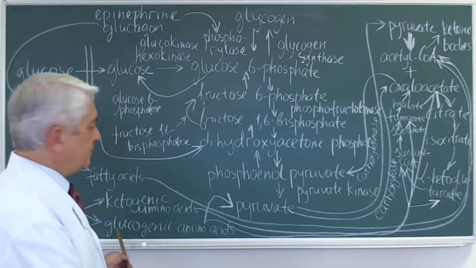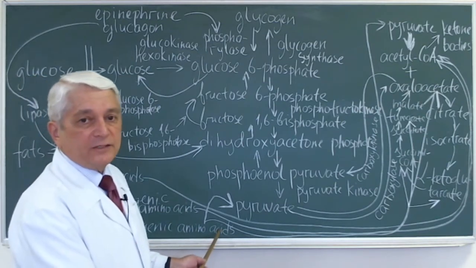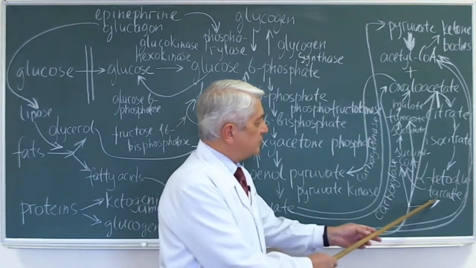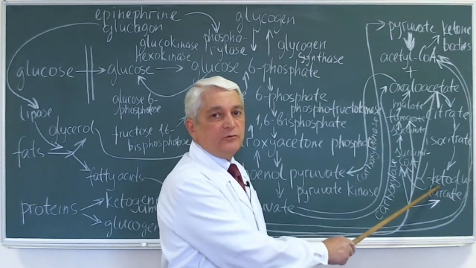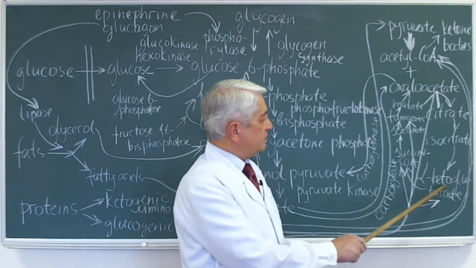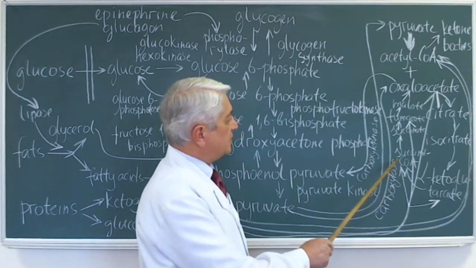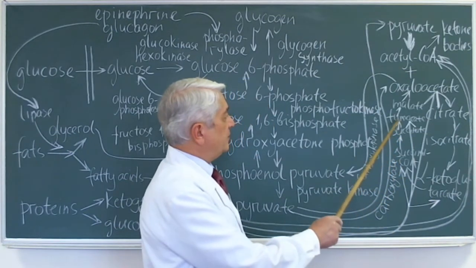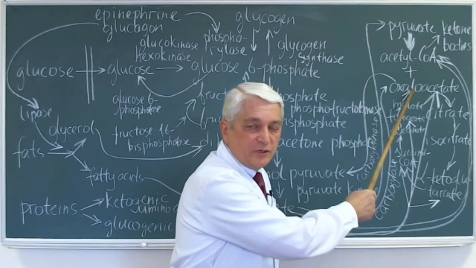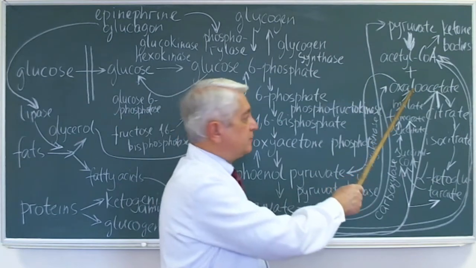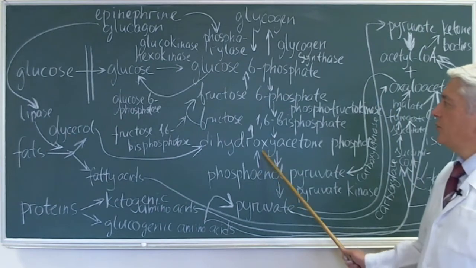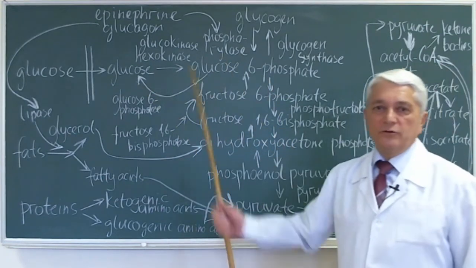After transamination, we are receiving alpha ketoglutarate. Then we need to go to citric acid cycle. So alpha ketoglutarate will produce succinyl coenzyme A, then succinate, then fumarate, then malate, and finally we are receiving once more oxaloacetate. After this we know the way. Oxaloacetate, phosphoenolpyruvate, way back, and glucose.